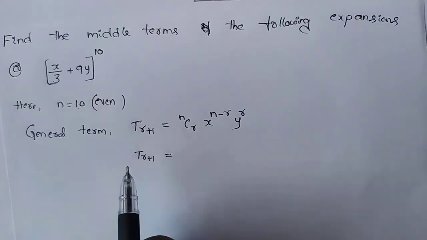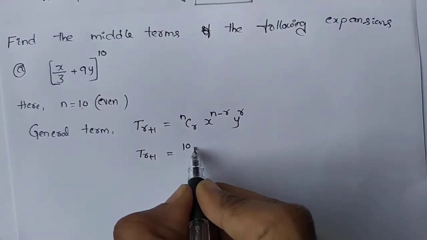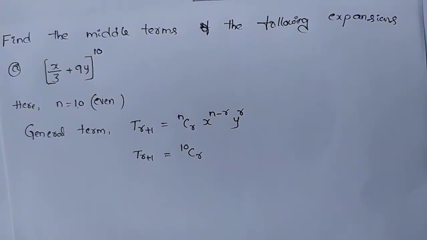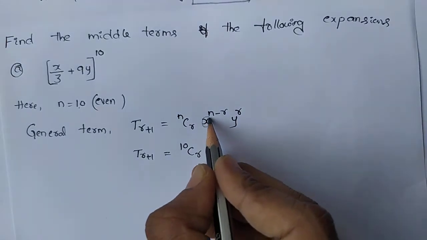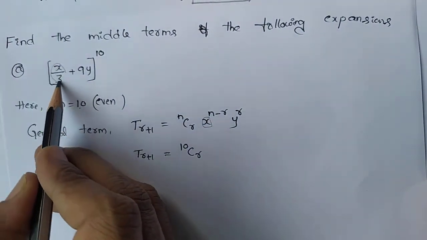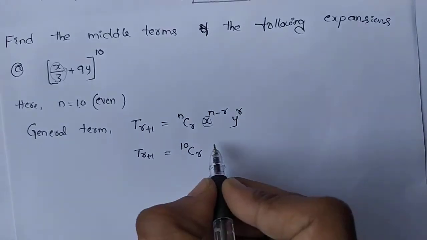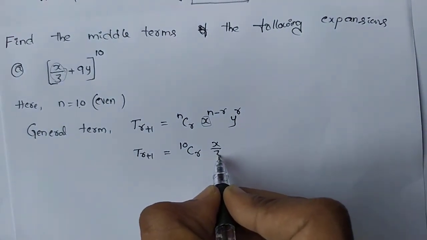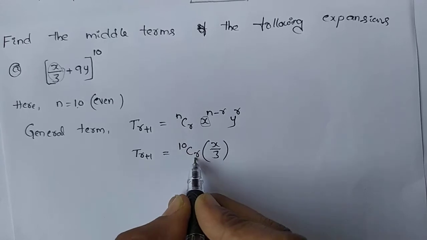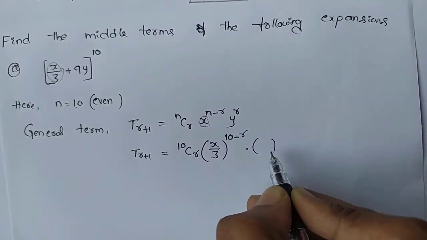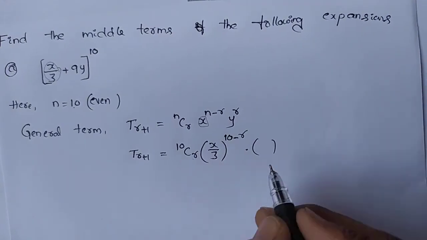Now T r plus 1 equals, in place of n, what we have? 10 C r. Keep x as it is. In place of x, in the expansion, what we have? x by 3. So (x/3) whole power 10 minus r, into y power r.